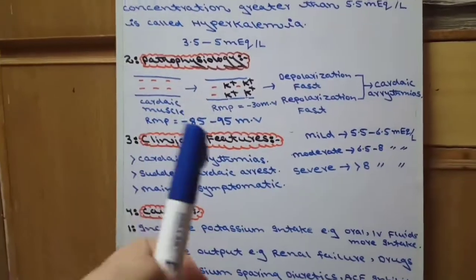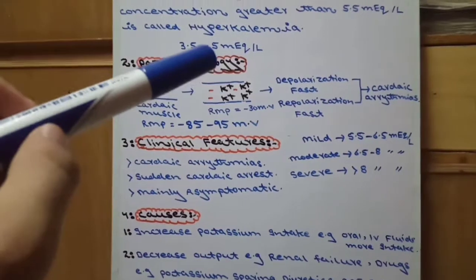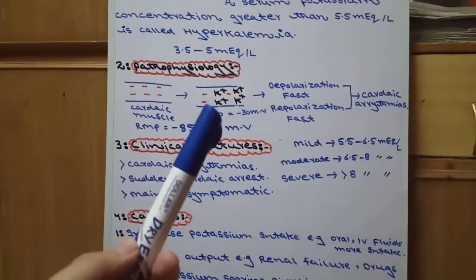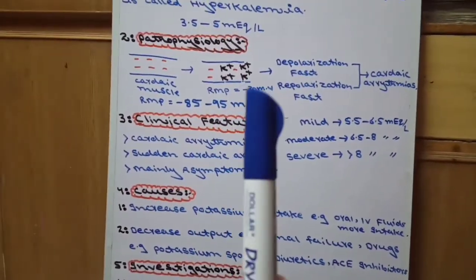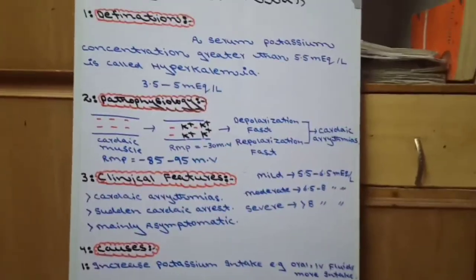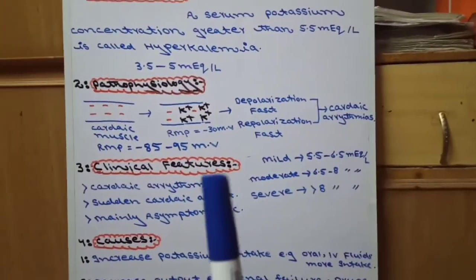When a small amount of sodium moves inward, the cell will be depolarized due to the presence of positive potassium ions and the less negative resting membrane potential. It means depolarization becomes fast, and when depolarization becomes fast, repolarization also becomes fast.